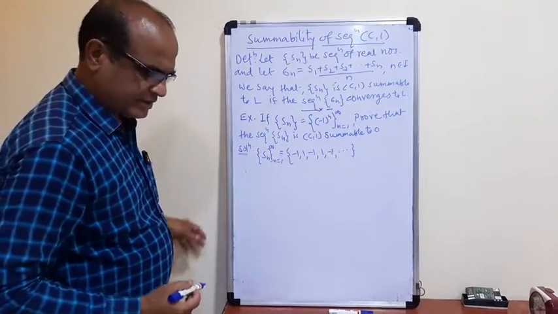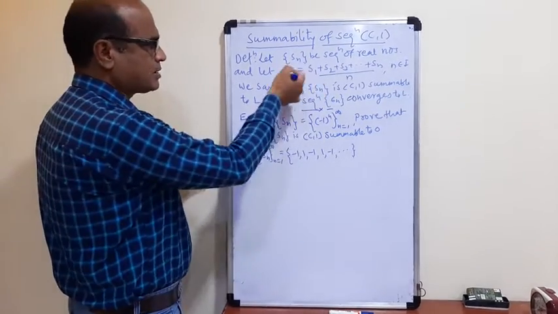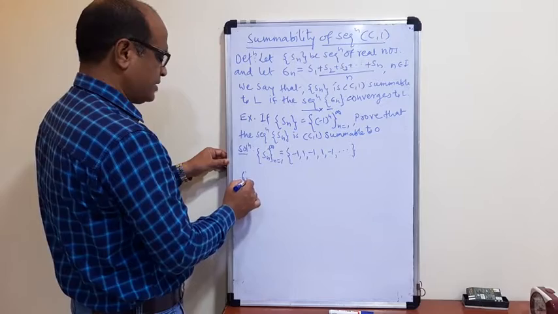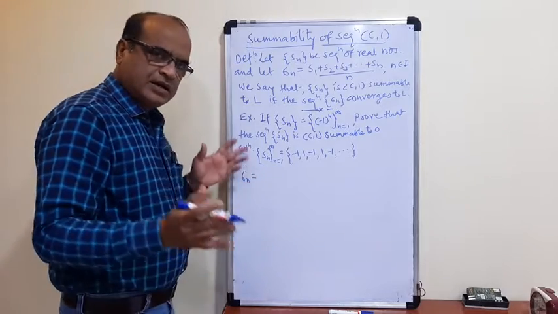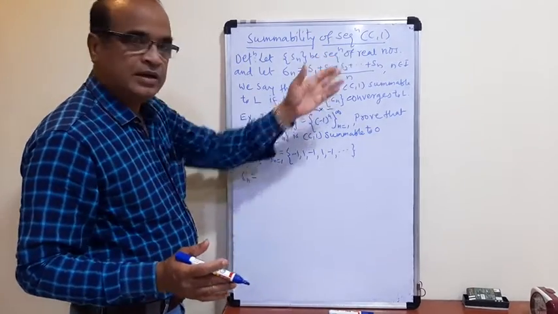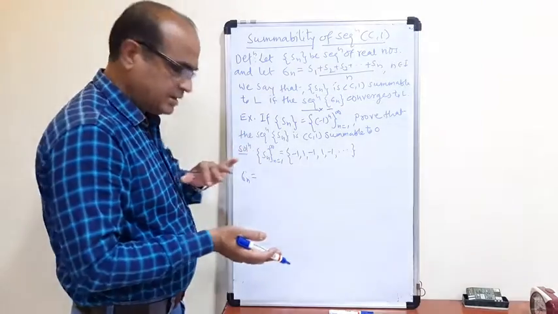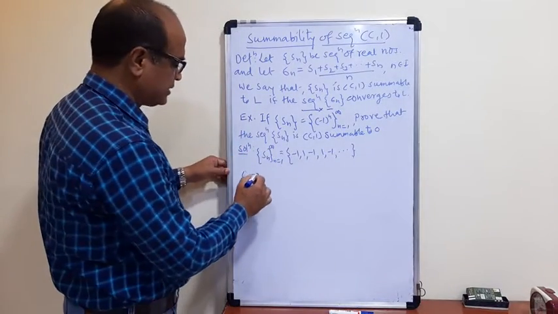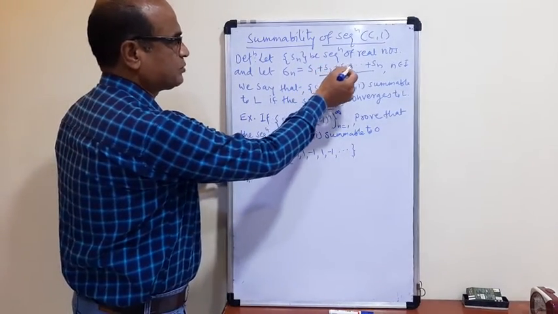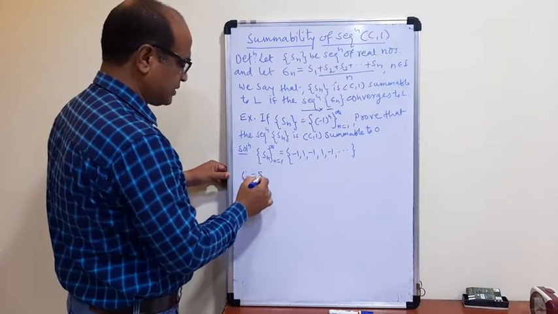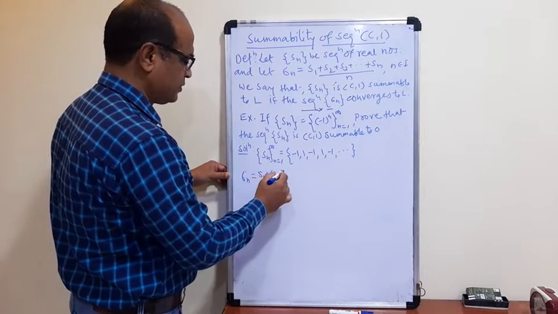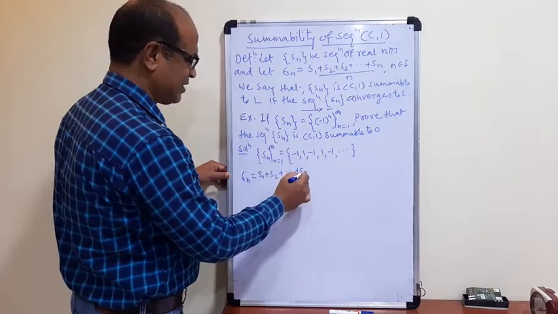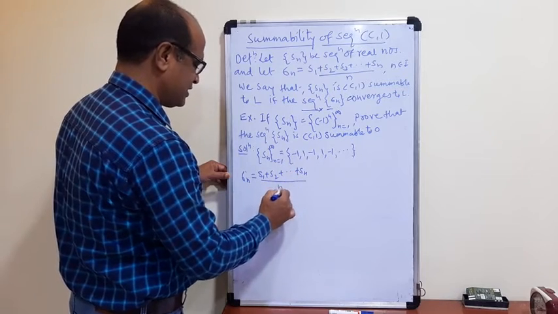Now we find sigma n. Sigma n is the addition of n terms divided by n: S1 plus S2 up to Sn, divided by n.